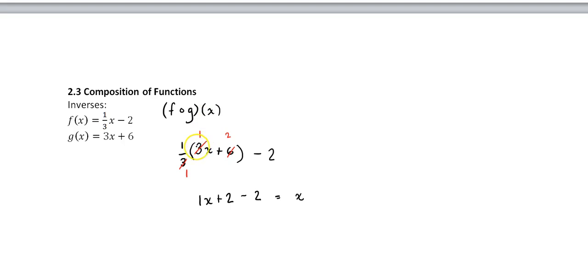Now, I want to show you that if you have an inverse, you can go either direction. So if I were to go g composed with f of x, I could write that this way, and I should also still get my x back out of it.